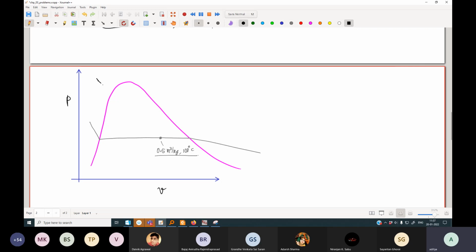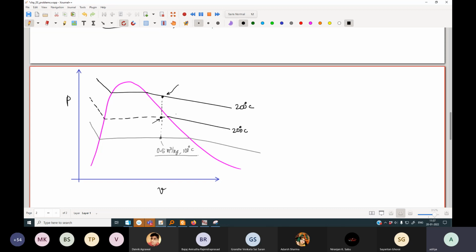All we care is this is the 200 degree Celsius isotherm, and the point could be either in the saturation dome or in the superheated region.